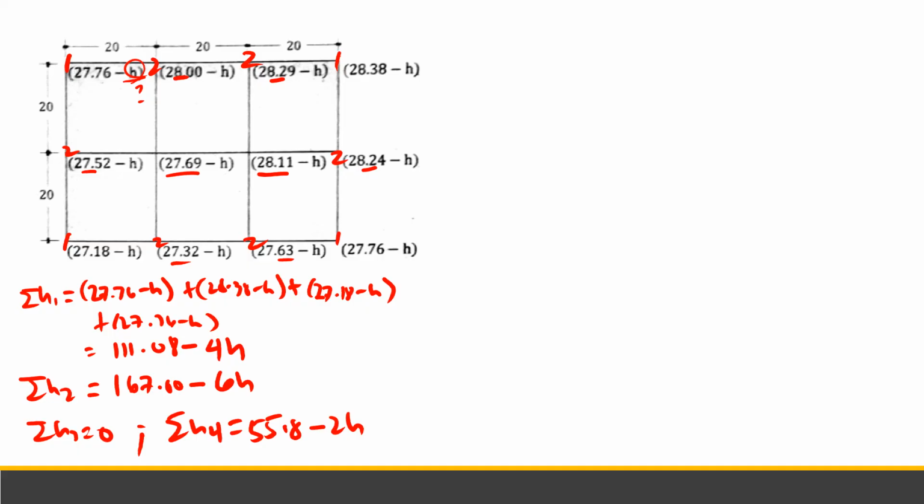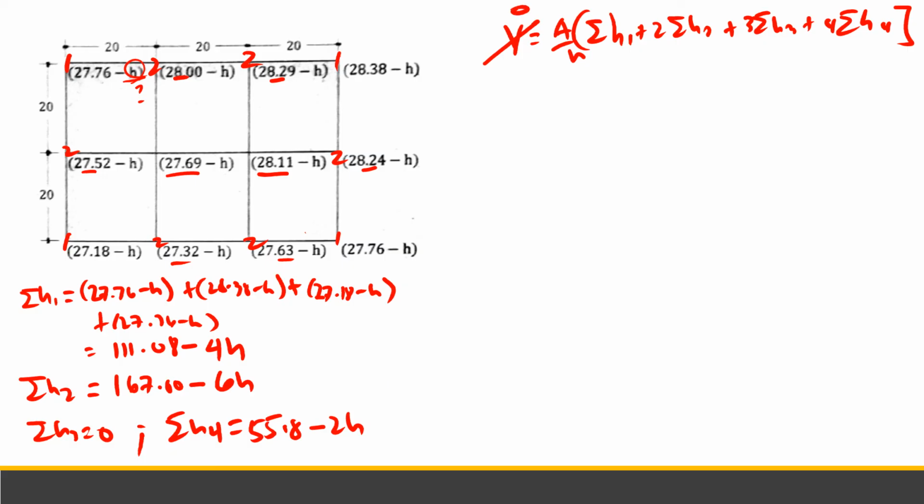So V is equals to A over N times summation of H1 plus 2 summation of H2 plus 3 summation of H3 plus 4 summation of H4. So, since balance yung cut and fill dito, mag-cancel out yung cut and fill. So, that is equal to 0.